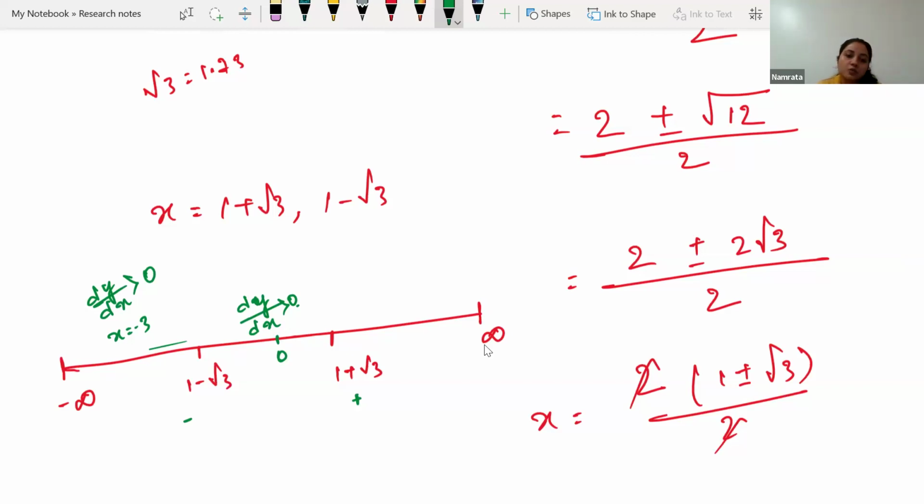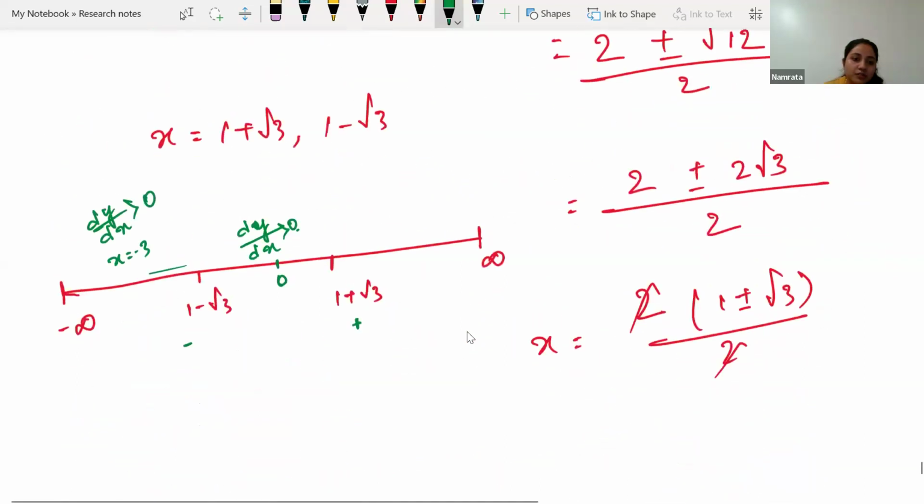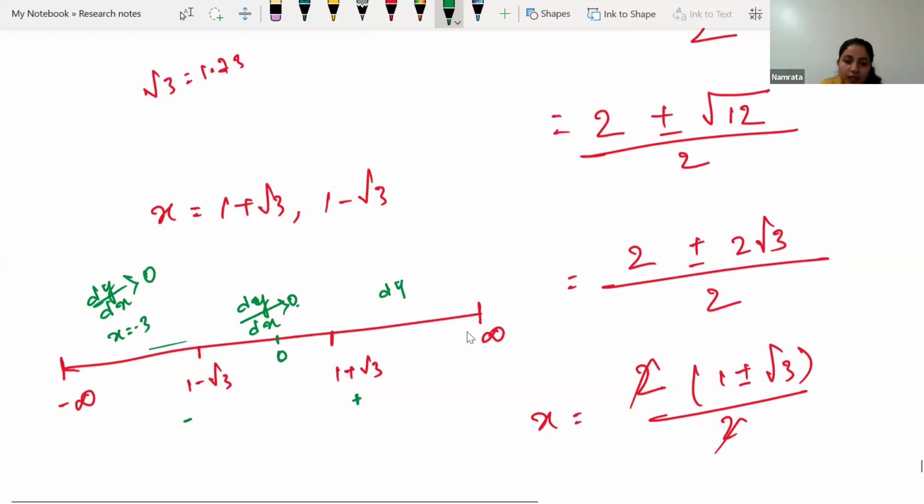Here we can take the test point as 3 or 4. If we take 4, we'll have 2 minus 4 squared, 16, plus 4 times 2, 8, over 2 minus 16. Denominator is negative, numerator negative, so positive. All we got is positive. How will we check the point of maxima or minima?